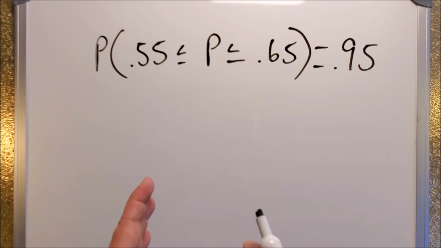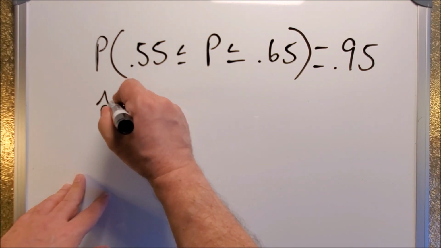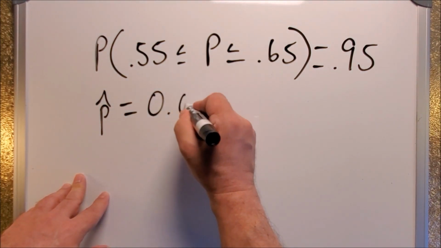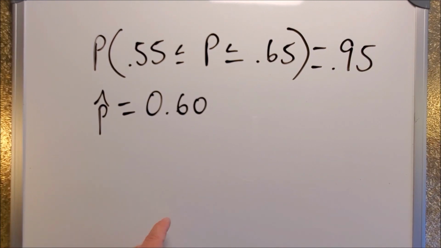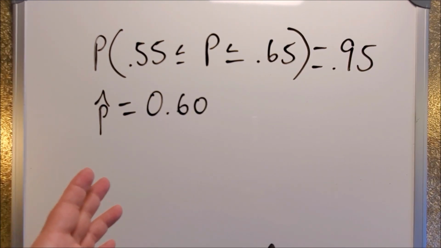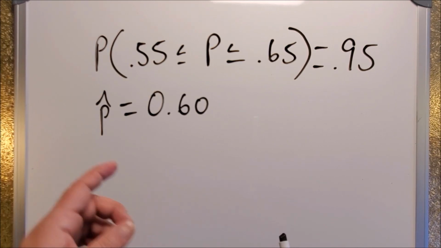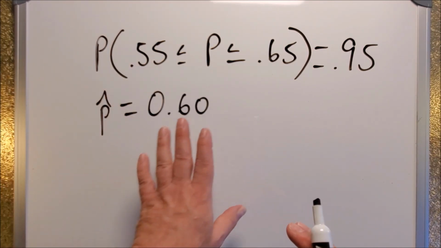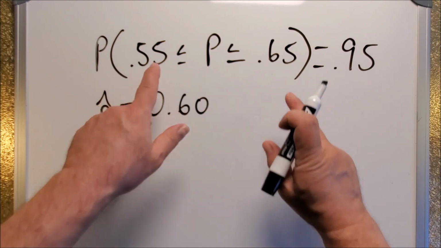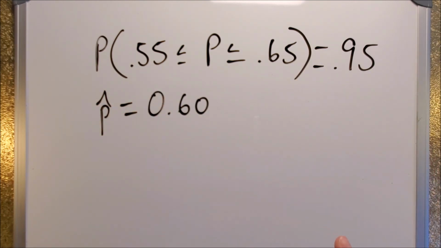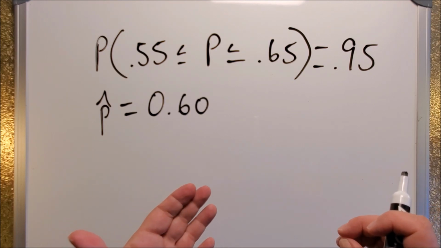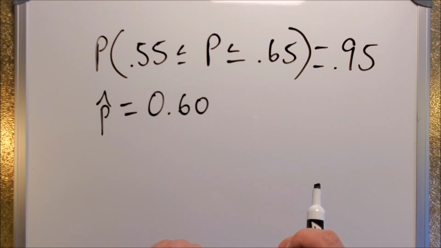Now think about what I'm saying. We just got a p-hat, support for candidate A, and our p-hat was 0.6. And with the right mathematics, we would turn around and be able to say, well, the probability that the real population proportion is between these two numbers is 95%. So now what we've said is we are not totally sure how accurate this is.